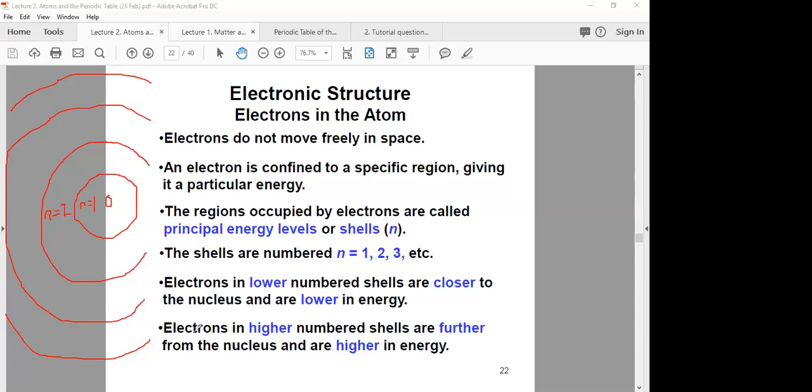The electrons further out, so in the higher numbered shells, they're further away from the nucleus, so you don't find that same sort of attraction between the positively charged protons and the negatively charged electrons. So those electrons tend to be higher in energy, which means that, as you'll see later on, those are the electrons that tend to be reactive. They're the reactive ones in a given atom.